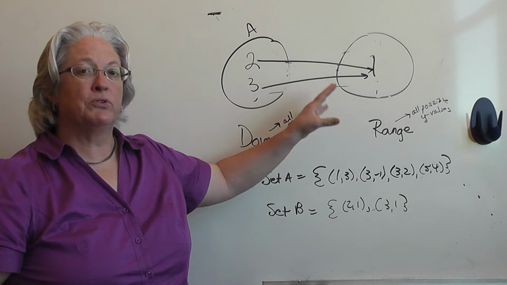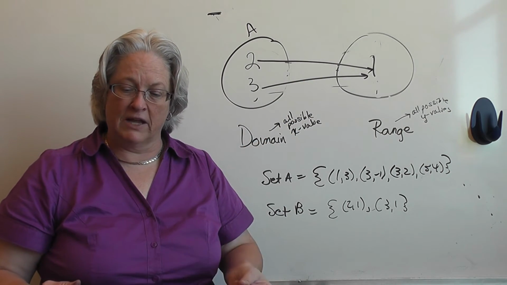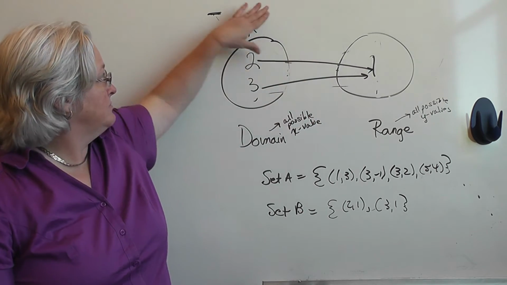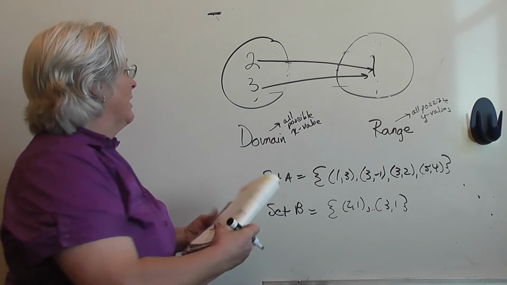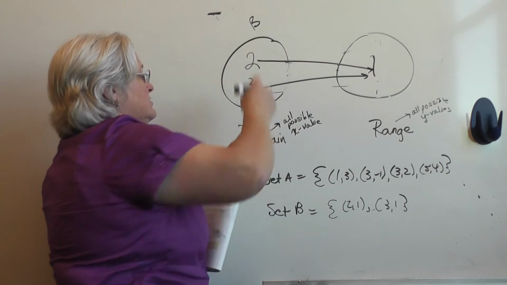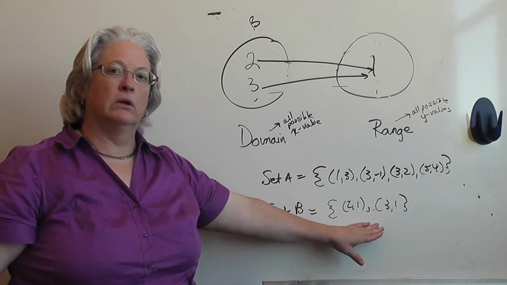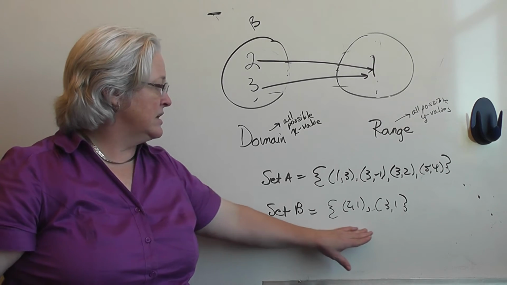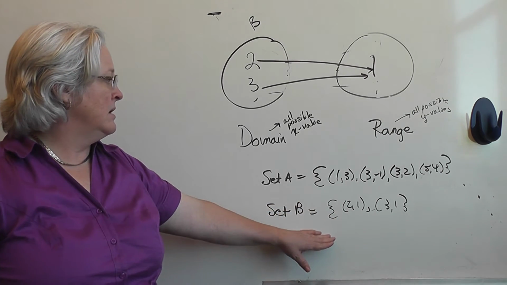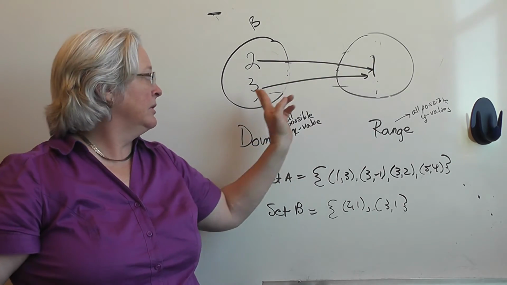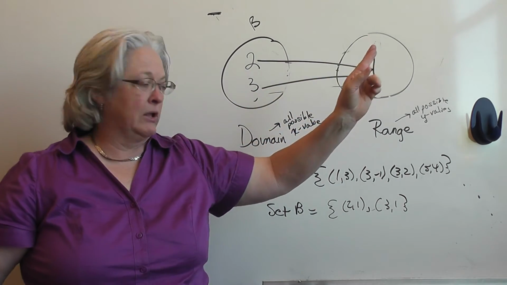So you should be able to express a relation in 3 different ways. A relation can be expressed using a circle graph. This circle graph right here is expressing this relation that's also expressed using set notation here. 2 and 1 pair together, 3 and 1 pair together.